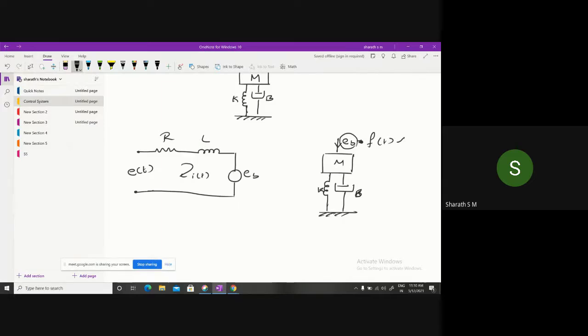The current generated across the back EMF is acting as a force. So force is directly proportional to the current here. F of t is directly proportional to the current I of t.